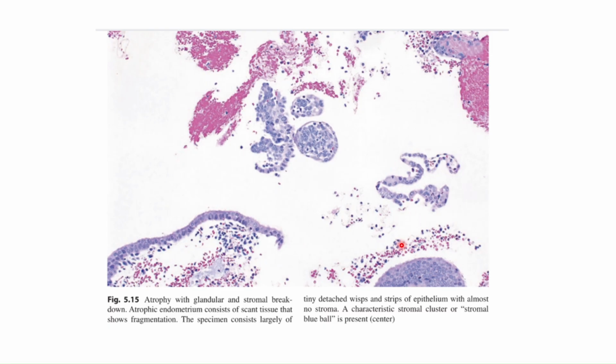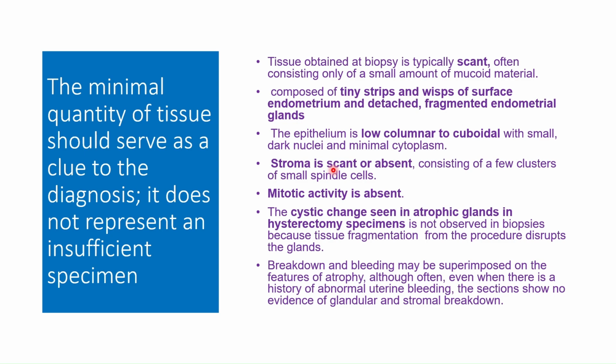Very little stroma we can appreciate, and there are hemorrhagic blood clots, and this is stromal blue ball. So whenever we get this type of scant tissue, and if we are suspecting atrophy, then this minimal quantity of tissue should serve as a clue to the diagnosis, and it does not represent an insufficient specimen.